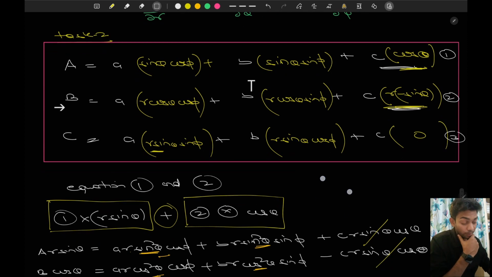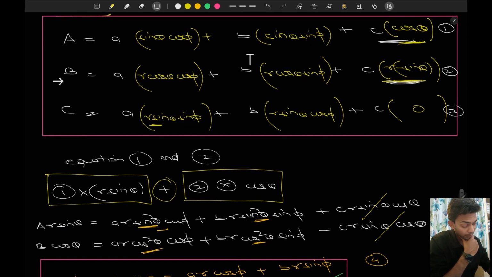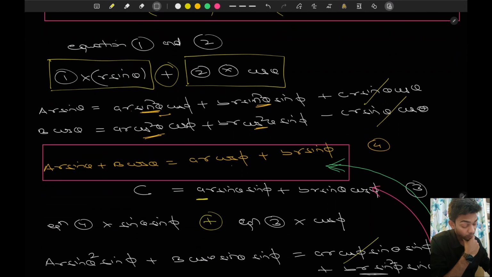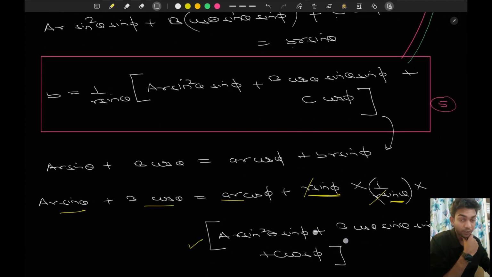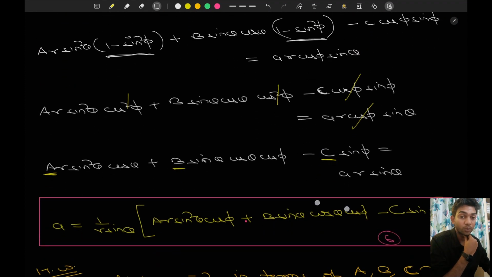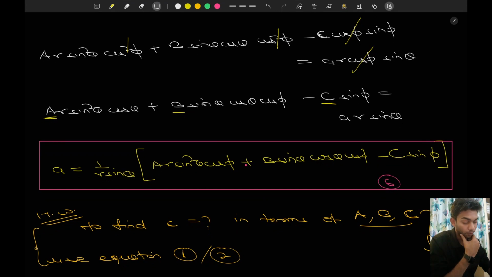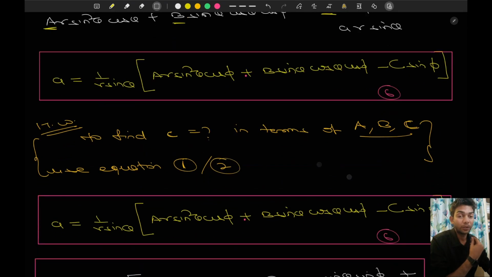By using Gauss elimination, we have expressed our small a, small b, and small c, which are the partial derivatives with respect to Cartesian coordinates, in terms of partial derivatives with respect to polar coordinates.